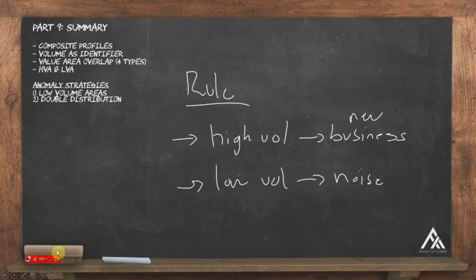So that was the key takeaway in terms of volume as a key identifier. Make sure when talking about volume, you're interpreting whether it is relatively high volume, showing potential new business and potential for momentum, or relatively low volume, which is far more noise and far more likely to see mean reverting type strategies.